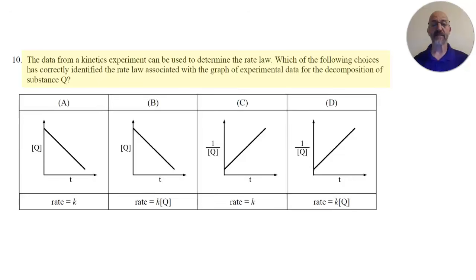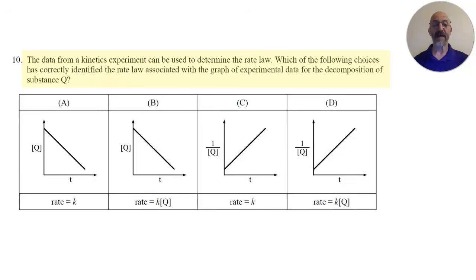And in choices C and D, it's a linear plot with the reciprocal of concentration versus time. And then we have rate laws, and the rate equals K. Well, that would be a zero-order rate law. But the rate equals K times the concentration of Q, that would be a first-order rate law. So let's see which graph matches the rate law correctly.